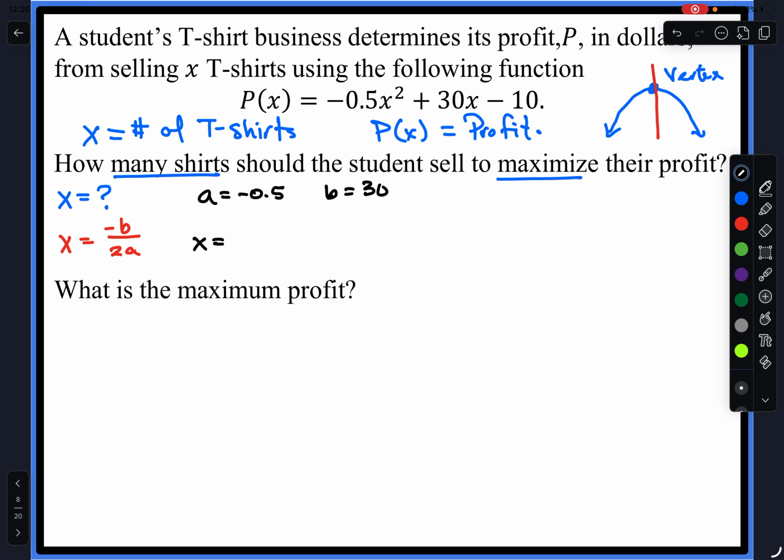So the x value of our maximum, or the location of our maximum, will be negative b divided by 2 times a. And let's plug this into decimals and see what that equals.